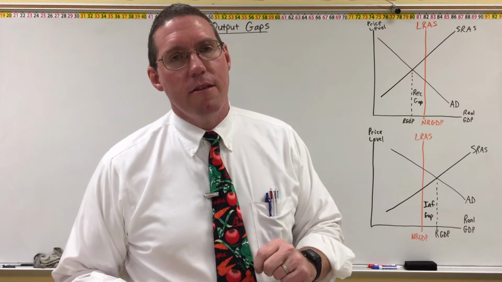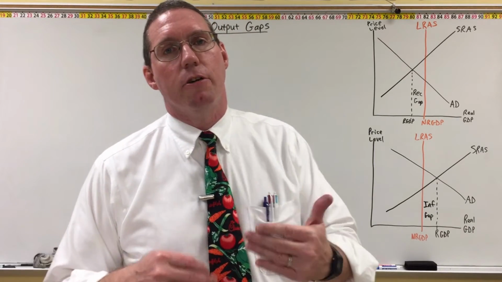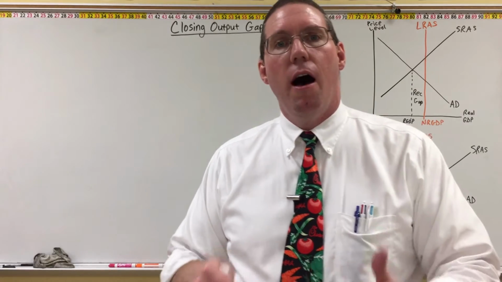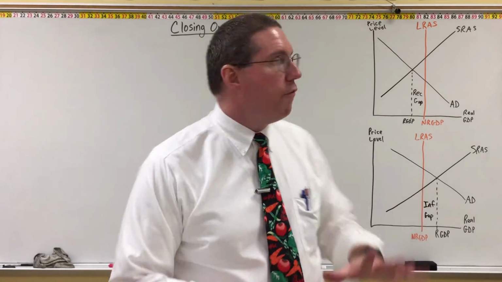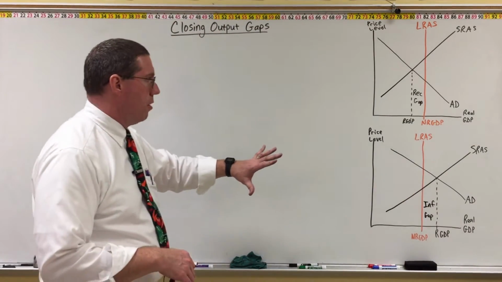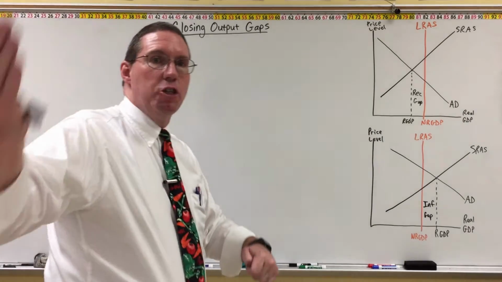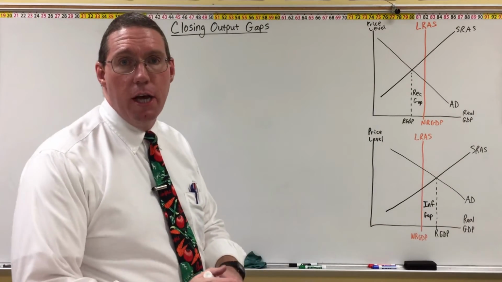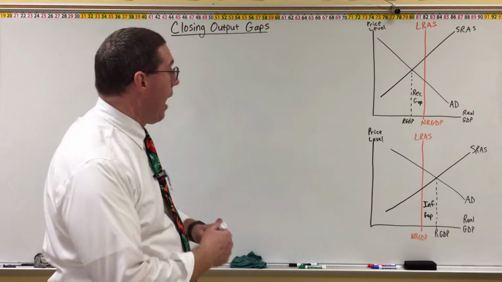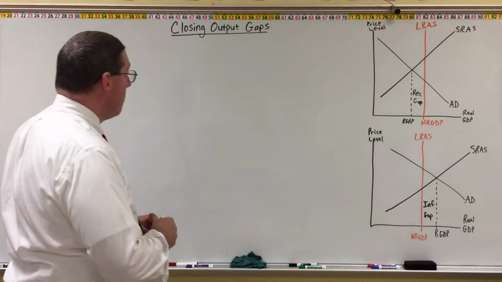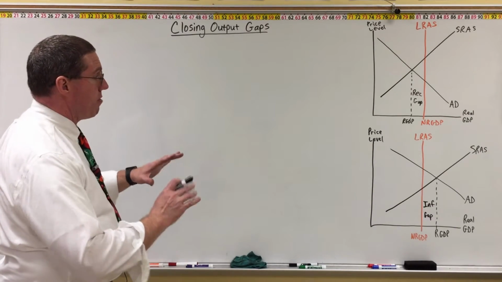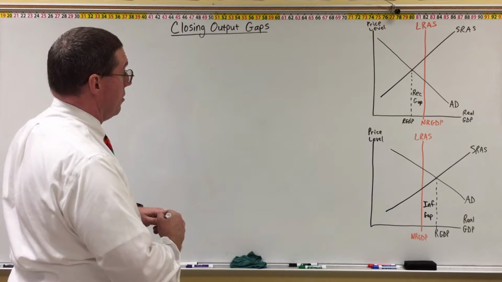But it's not as easy as it looks. I just want you to have an understanding of the basics, of the mechanics of closing output gaps so that you can then eventually expand your knowledge and understanding of output gaps, okay? But we're going to make it very simple, very basic in this lesson, okay?